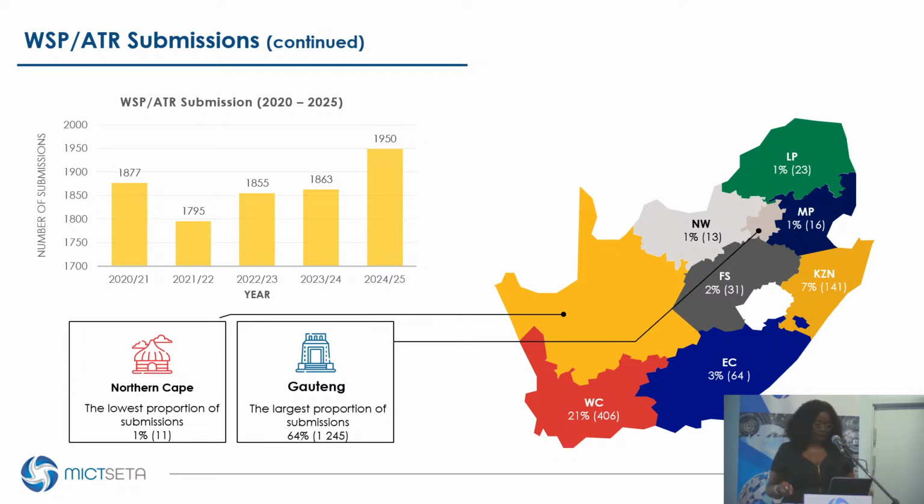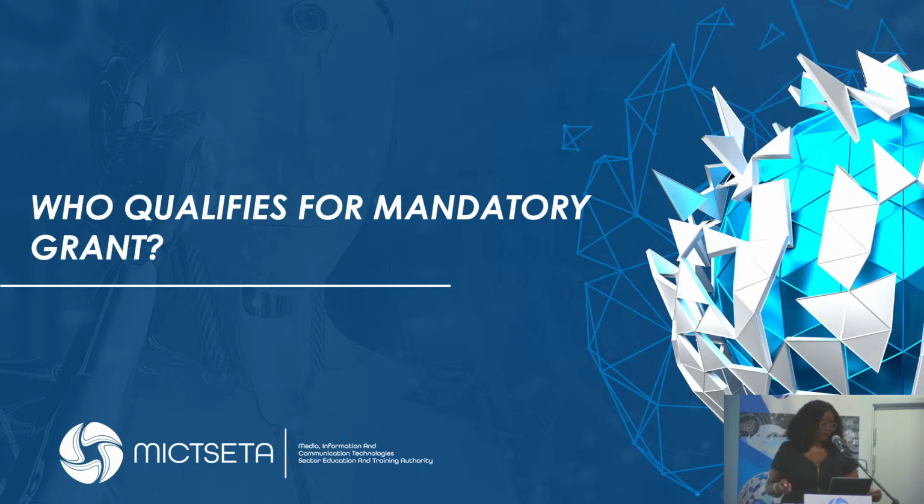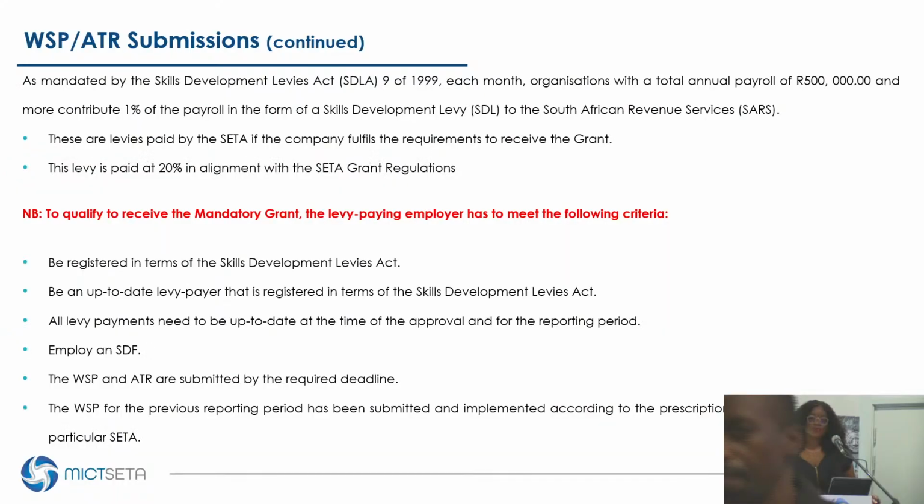So who qualifies for the mandatory grant? In order for you to qualify for a mandatory grant, your company must be making 500,000 or above per annum turnover, and then you would have to pay 1% of your payroll every month through SARS.